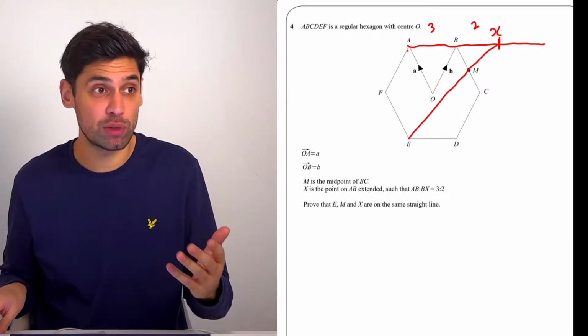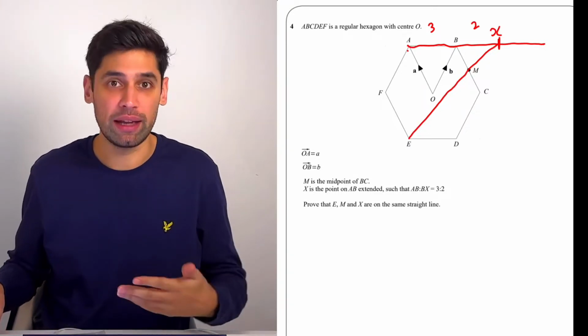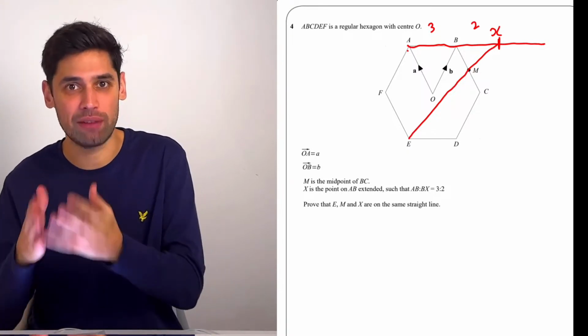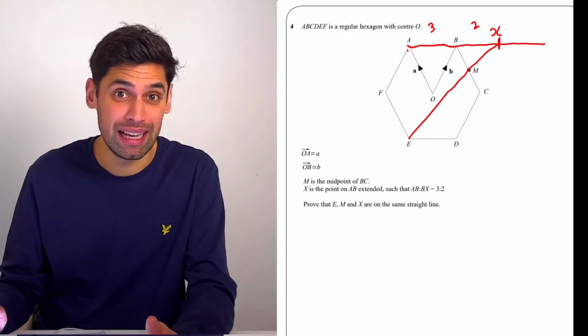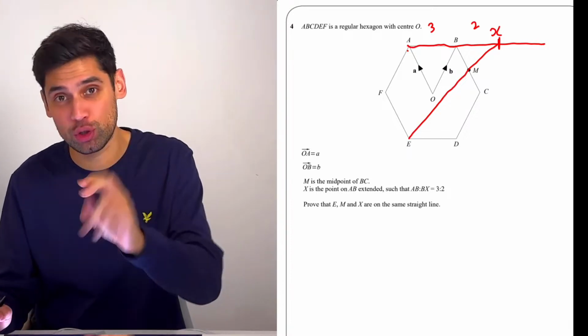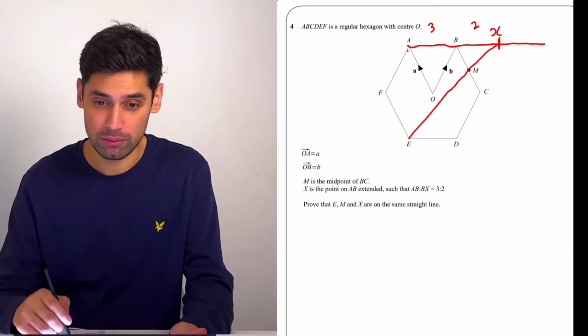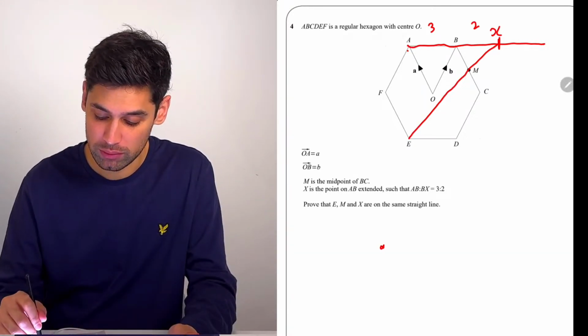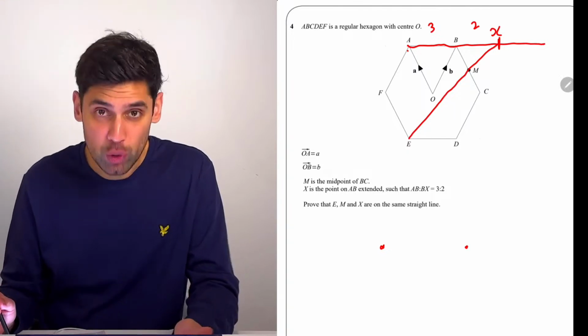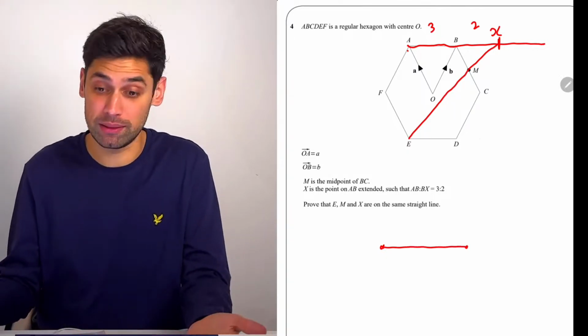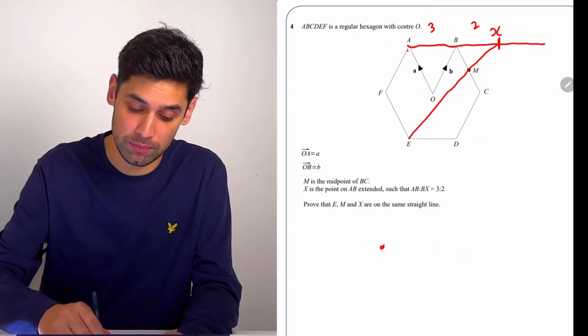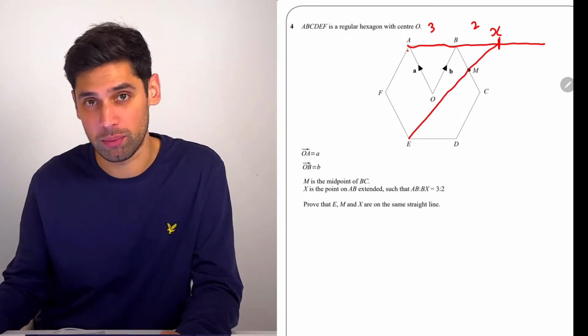Something doesn't exist unless we can prove it can never be wrong. And a straight line, to exist, has to have a definition. The definition of a straight line, quite simply and beautifully, is the shortest distance between 2 points. That's it. If we have this point and this point, a straight line is the shortest distance between them. I think that's amazing. You can go tell your friends. You'll be the most popular person at the party.